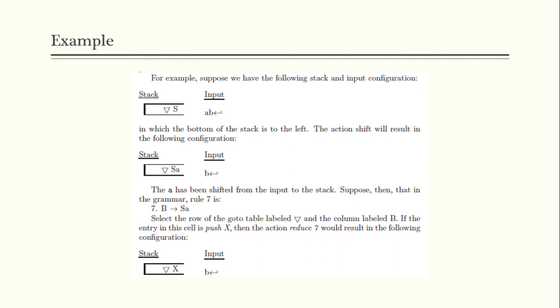With the bottom of the stack to the left, the shift action results in the following configuration. We shift the input to the stack, which means we push A into the stack. So now it becomes SA.